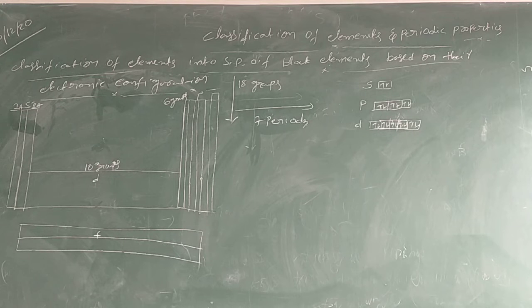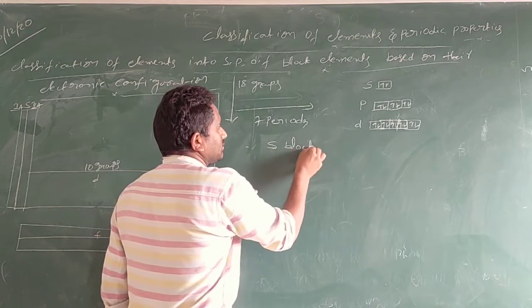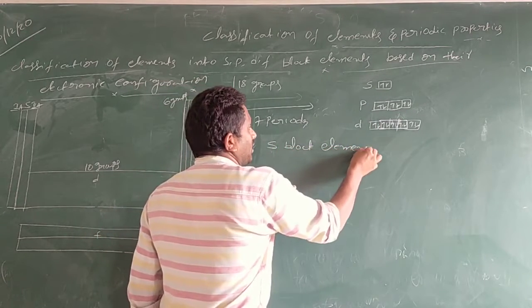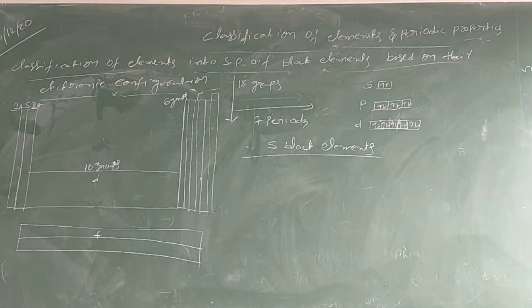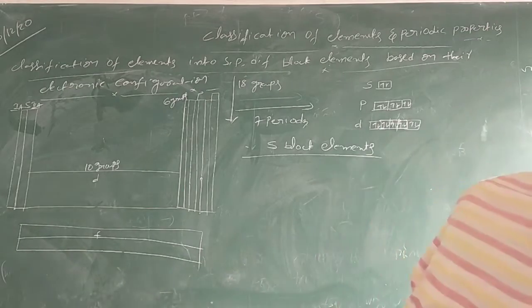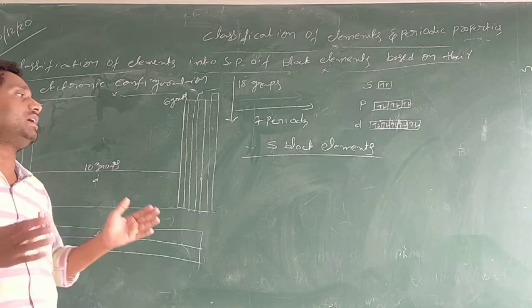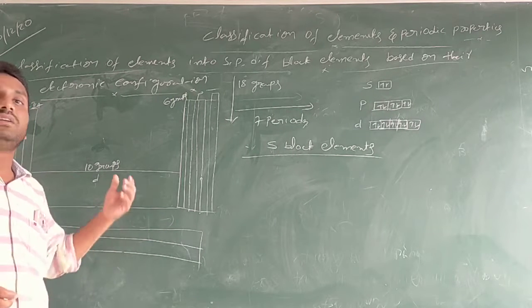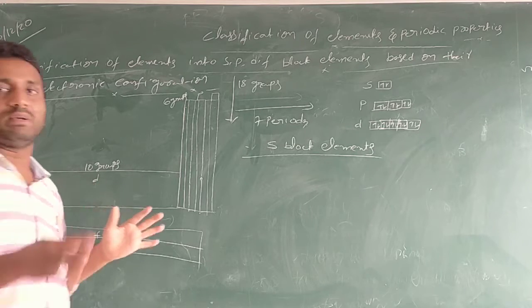The total periodic table of elements is classified into 4 blocks. First of all, S block elements. What is meant by S block elements? The element whose differentiating electron enters into the S orbital of a subshell is known as S block element.